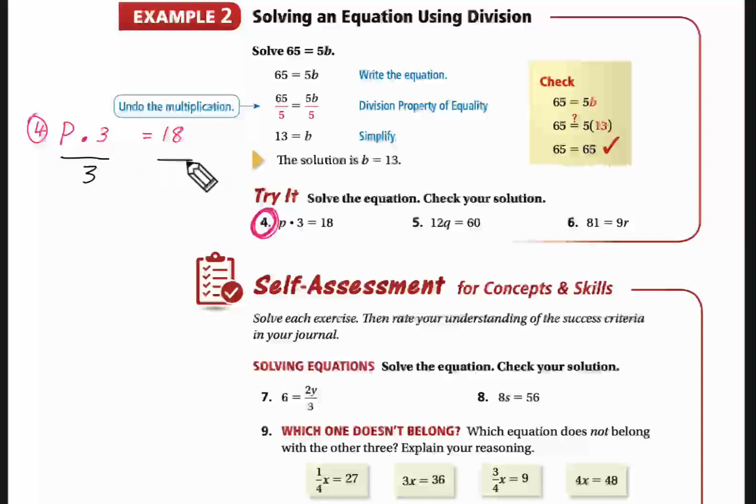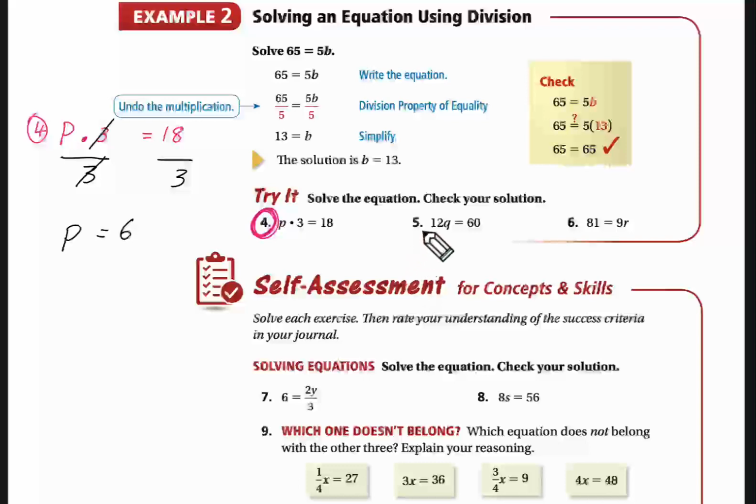So here, the multiplication and the division undo each other. So what do we have on the left side? B. And on the right side, 18 divided by 3 equals 6. Thank you, my hero. 6.